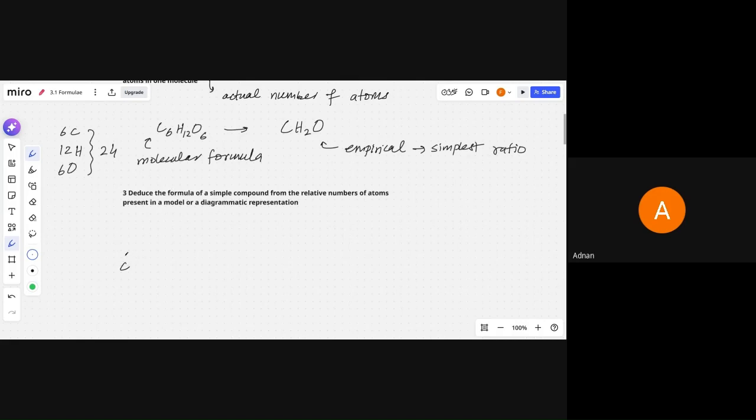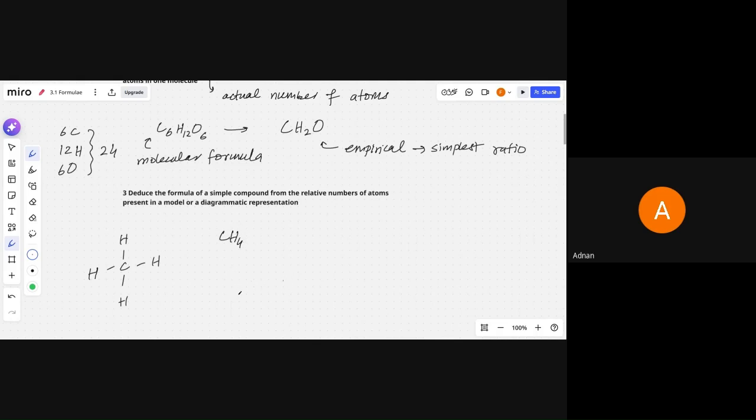Let's say this is carbon in the center, and these are the hydrogens connected on the sides of this central carbon atom. If the question asks what the formula will be, you can see one carbon atom and 4 hydrogen atoms, so this will be CH4.